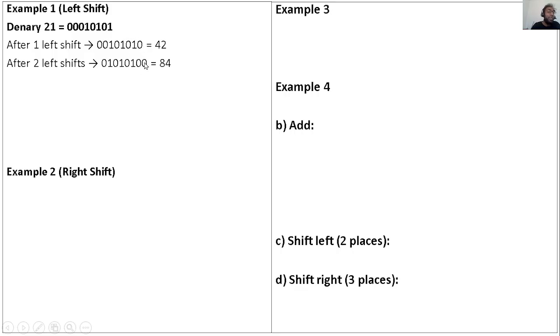Now in the end one space is empty, so that will also be filled with 0, and that will become the number 84. If we shift it again, the answer will be 168.